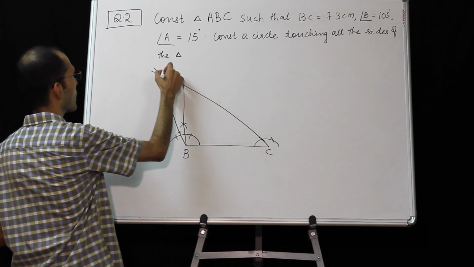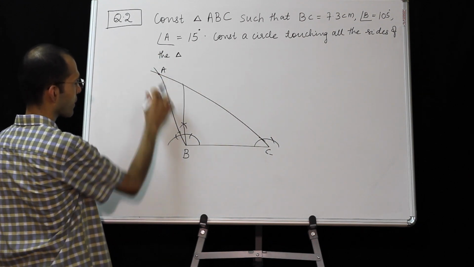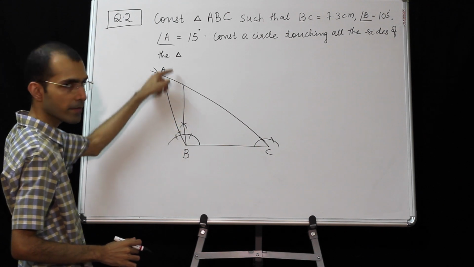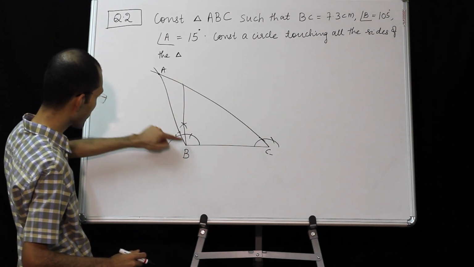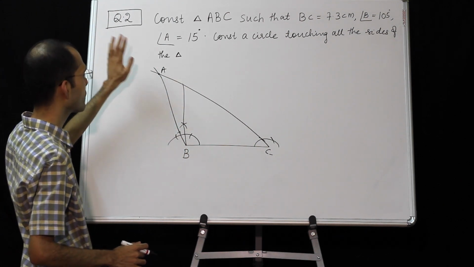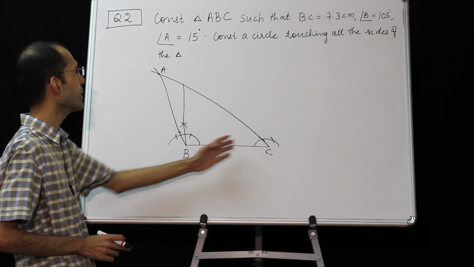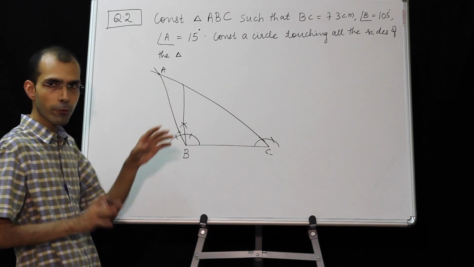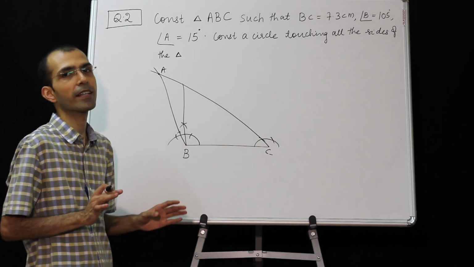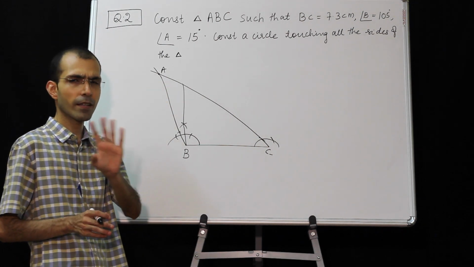Stretch it wherever it meets this line. Be careful, don't take this line. This is 90 degrees. This is your 105 degree angle. So this will be our point A. So now we have got triangle ABC, and this angle A, if you measure, it will be automatically 15 degrees. If it is 1 degree here and there, no problem.